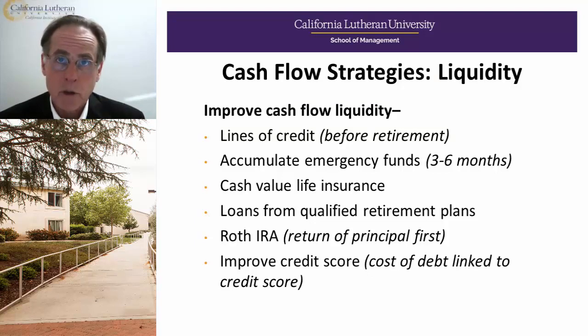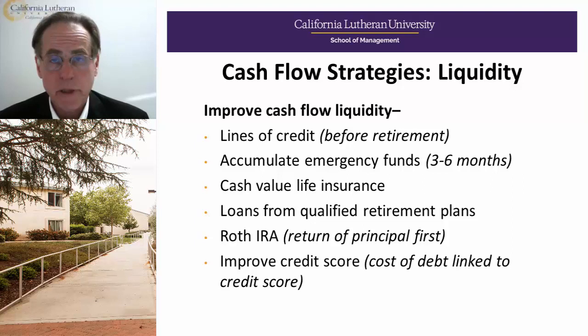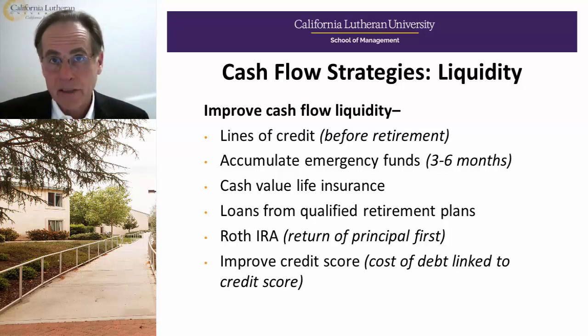Certainly accumulating emergency funds, a subject you studied in Business 501, Introduction to Financial Planning. And as you learn there, you're looking in that 3 to 6 month range. Where you are in there depends upon the situation. Is one spouse working or two spouses working? How easy it is to get back in the workforce, that sort of thing. The cash value of life insurance and loans from qualified plans both add flexibility into your plan.